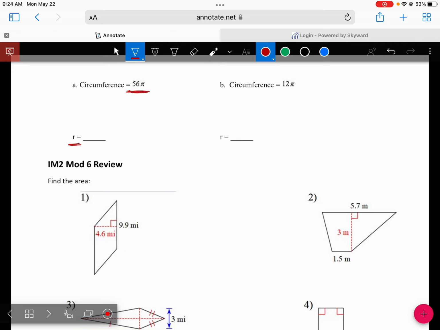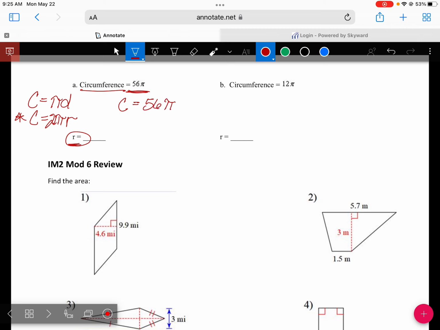Well, we give you two formulas for circumference. We give you one with pi times diameter, and we give you one with 2 pi r. Since we want radius, we're going to use the one with the radius, okay? So here we go. Circumference, which I'm going to abbreviate to C, is 56 pi.